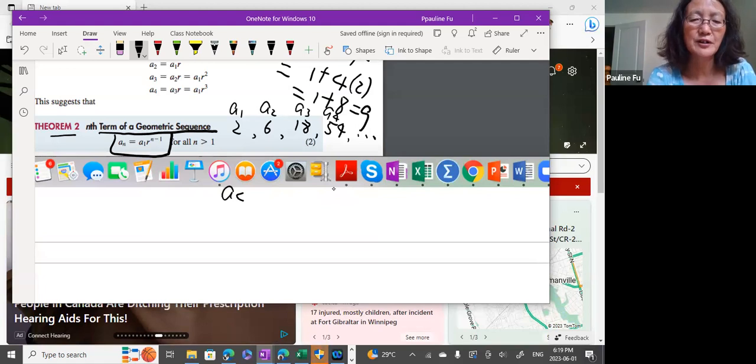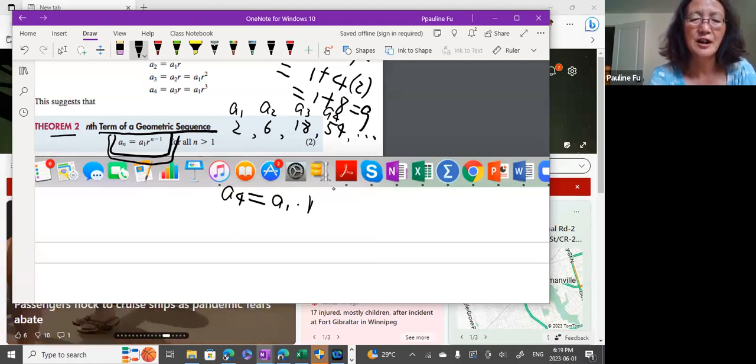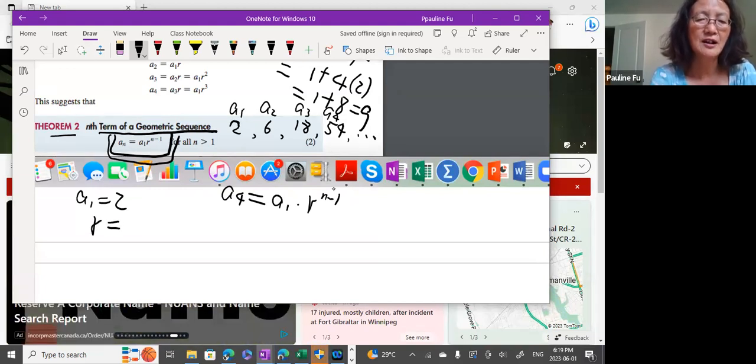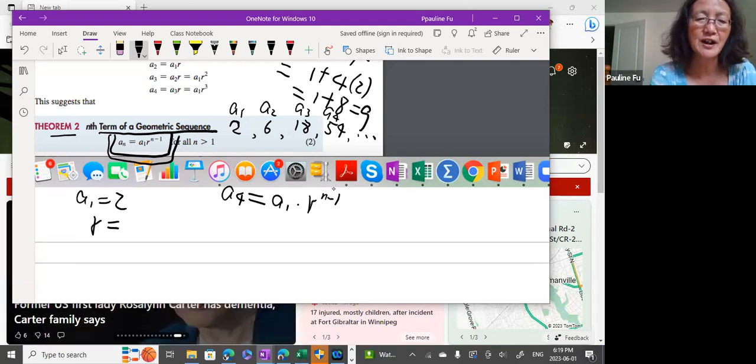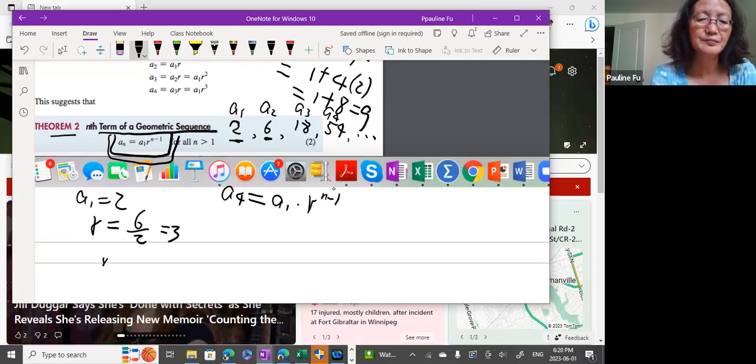Suppose you don't know A4. You are asked to calculate A4 based on this formula. So this formula says A4 equals A1 times R to the power n minus 1. What is A1? A1 is 2. And what is R? R is the ratio between two adjacent numbers. So R equals 6 over 2, these two numbers adjacent, so equal to 3. And what is N?